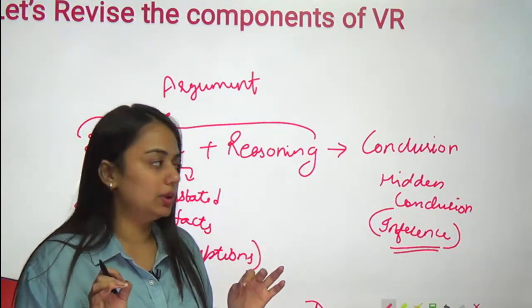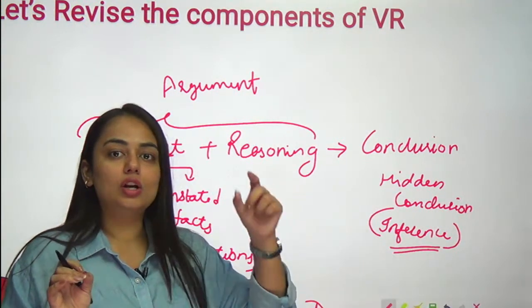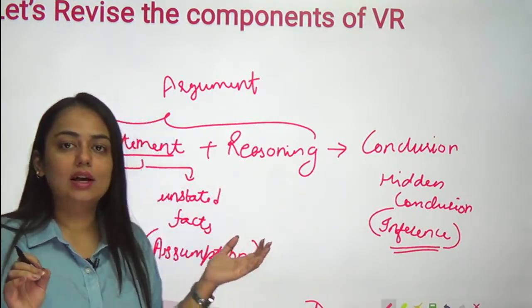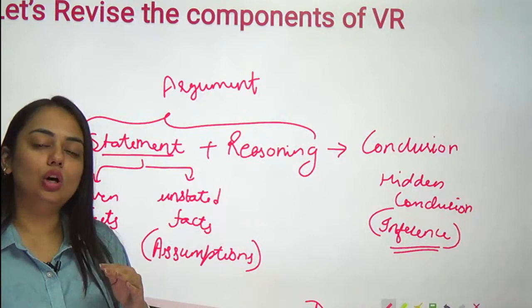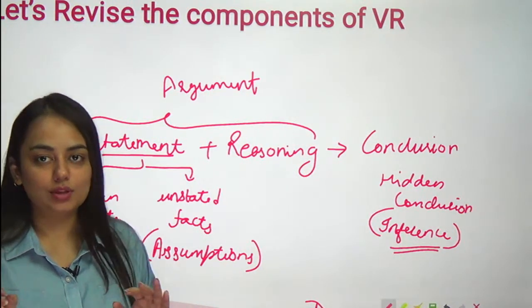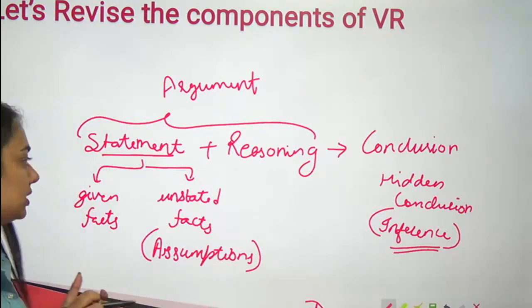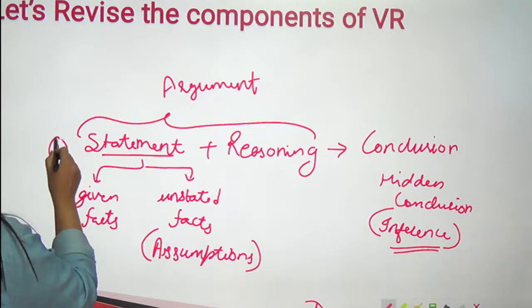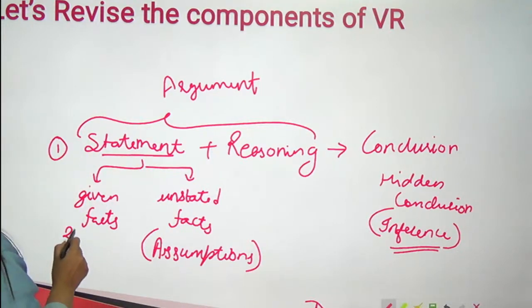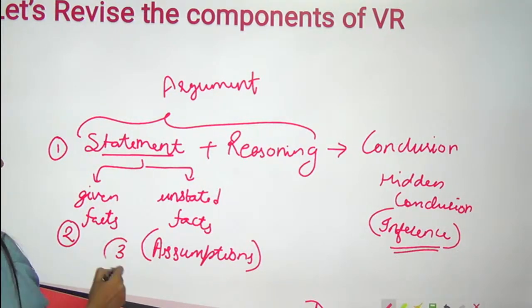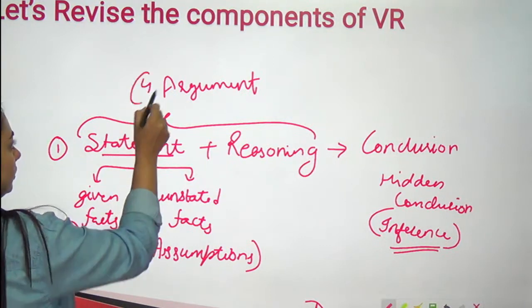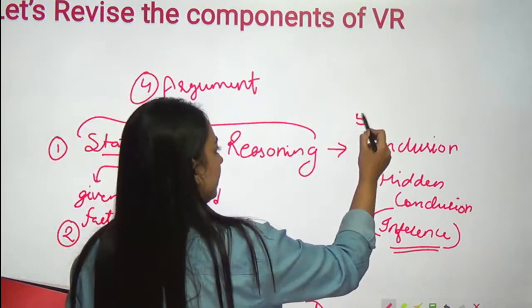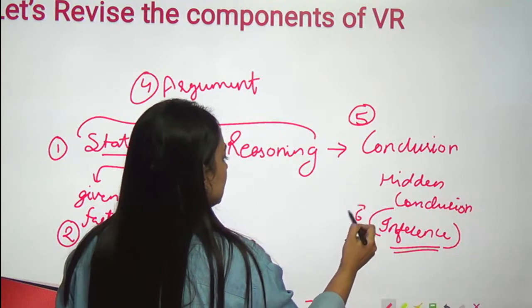It should be related to it. Inferences are according to the listener or the audience, and assumptions are according to the author or issuer of the statement. So how many terms have we just completed? First is your statement, second is facts, third is assumption, fourth is argument, fifth is conclusion, and sixth is inference.